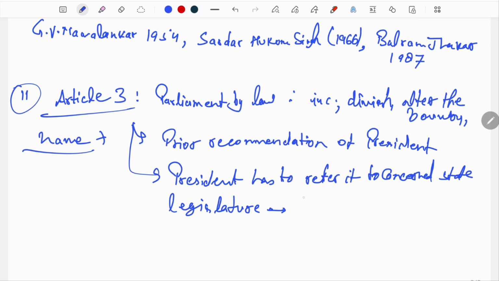But the view of the state legislature is not binding or mandatory for the president. He can still refer the bill to the parliament for the change.